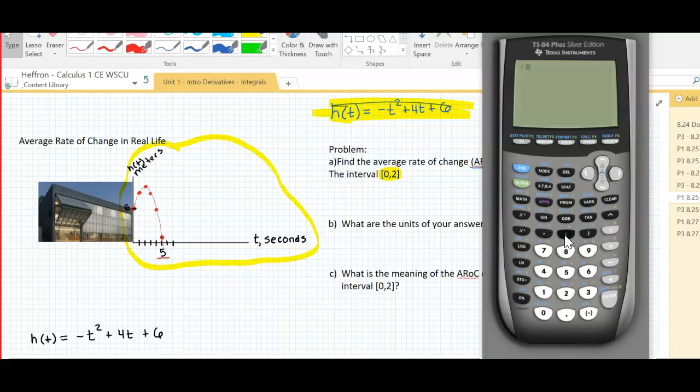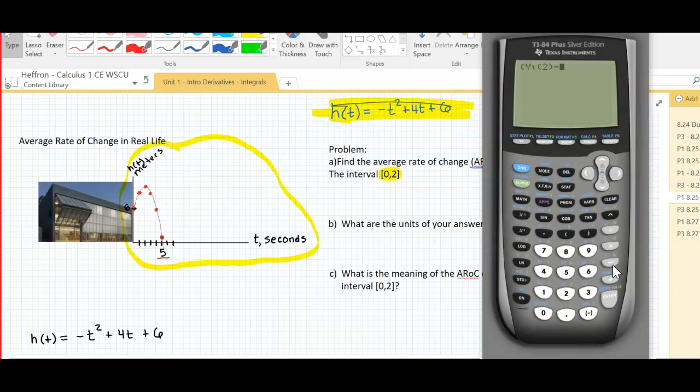I'm going to start with a parentheses, and then I'm going to do the rise. And the rise is going to be alpha trace. That brings up all of my different y equations. And since I plugged the one I wanted into y1 and it's highlighted, I'm going to hit enter. Now I want this at an x value of 2. And I'll close my parentheses. That's really my y2.